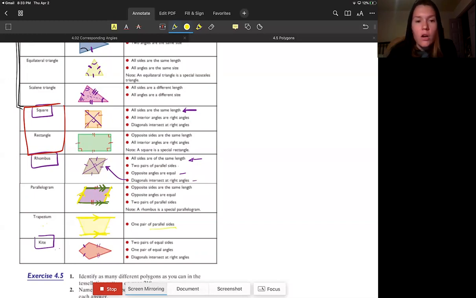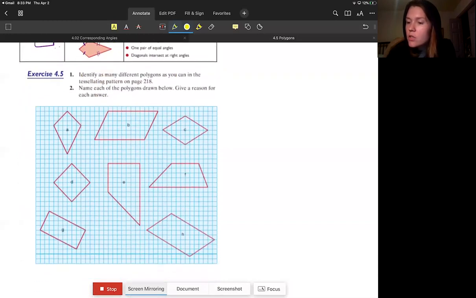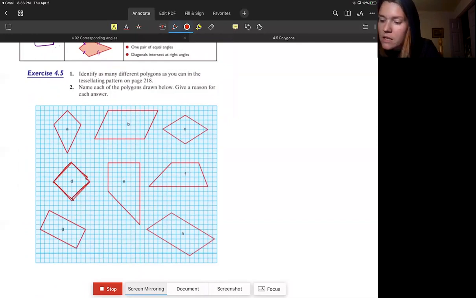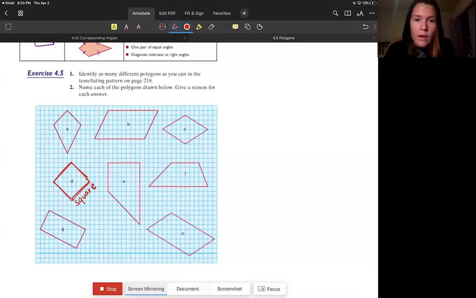Okay, so now that we've gone over all of these, let's take a look at exercise 4.5. So let's tackle some of the easier ones right off the bat. When I look at this, I'm really familiar with certain types of shapes, like this one here, that's obviously a square. That's going to be super easy. Okay, that's a square.